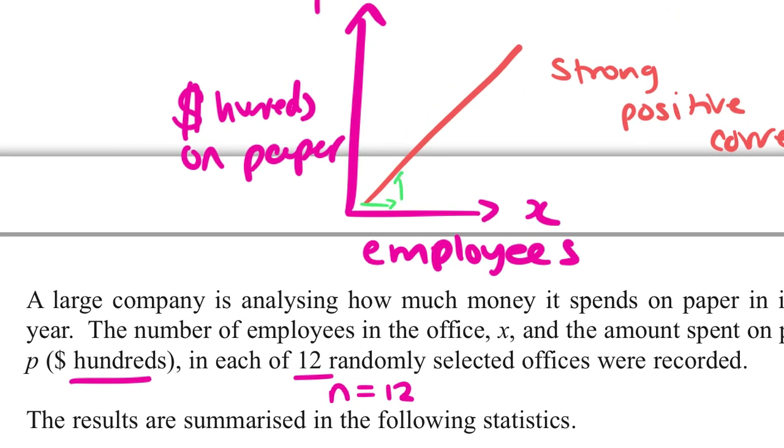Now, I go up by how much? 1.56. Now, what did I tell you earlier about times? Why was I timesing by 100? Because it's in hundreds. They've scaled it back. We need to scale it forward. So actually, for every one employee, it costs $156 on paper.